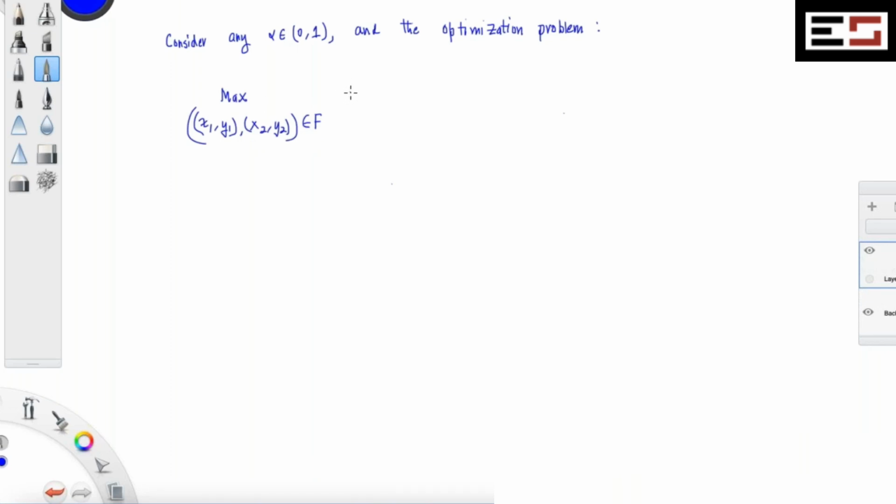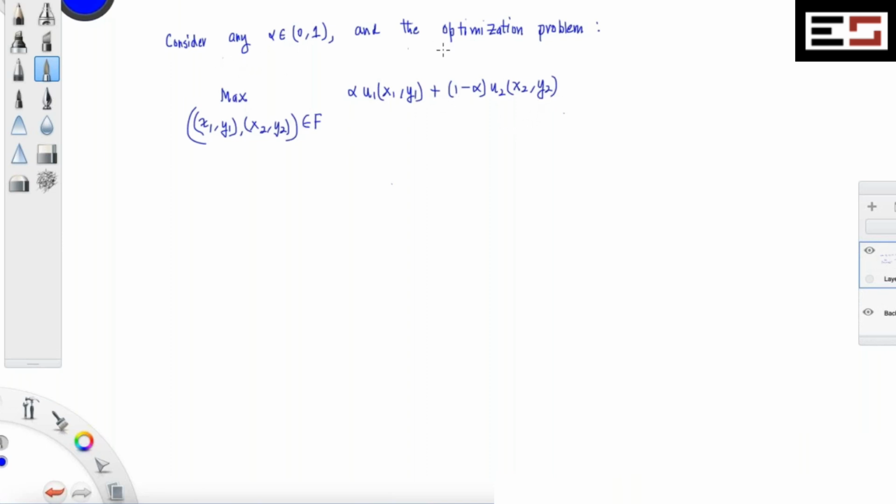We want to choose that allocation which maximizes the weighted sum of utilities of the two agents. Okay, so alpha times u1(x1, y1) plus (1 minus alpha) times u2(x2, y2). So you want to choose a feasible allocation that maximizes this.